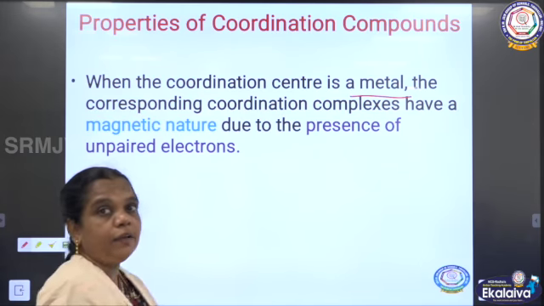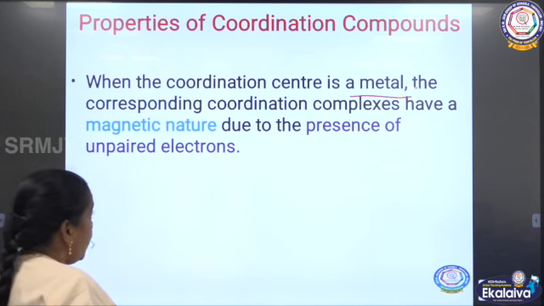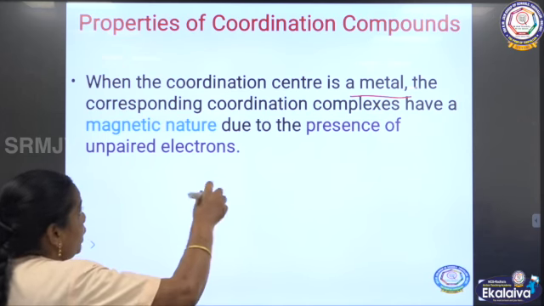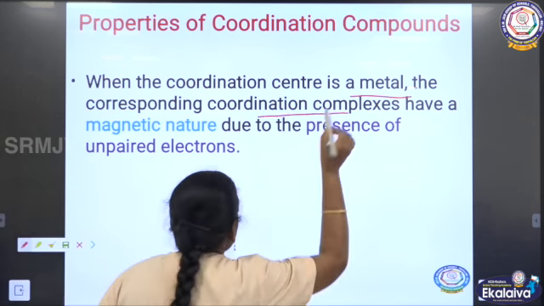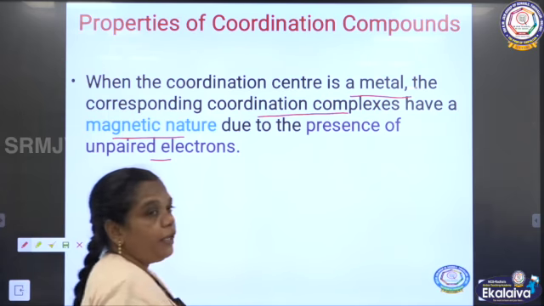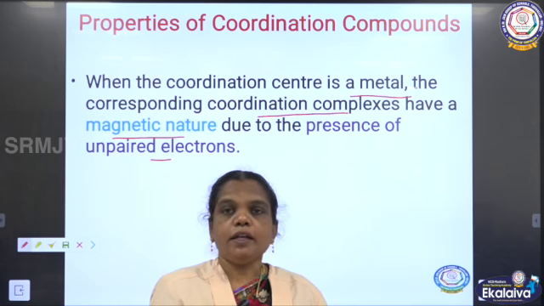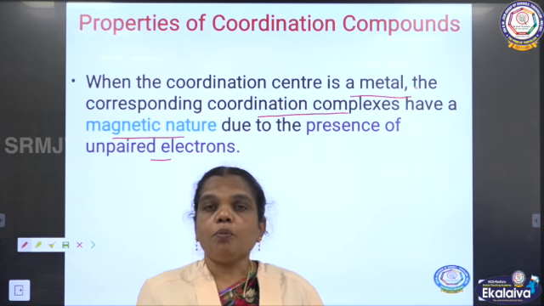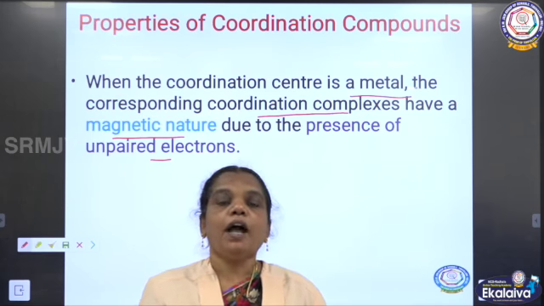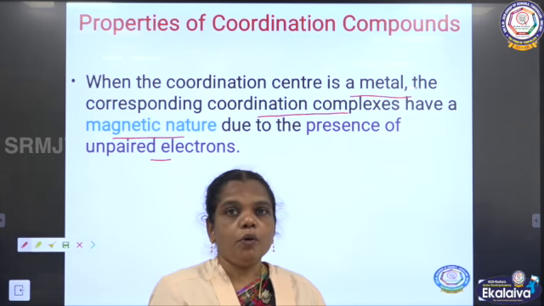And next, in the coordination compound, the center is coordinated with the central metal atom. The central metal atom is nothing but the transition metal, and the coordination compound also has magnetic property due to the unpaired electrons.